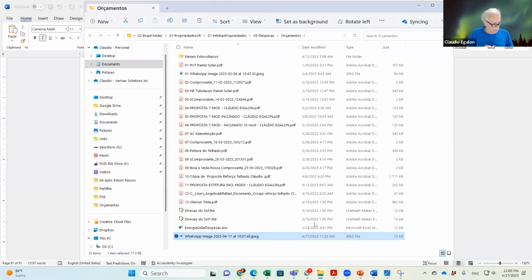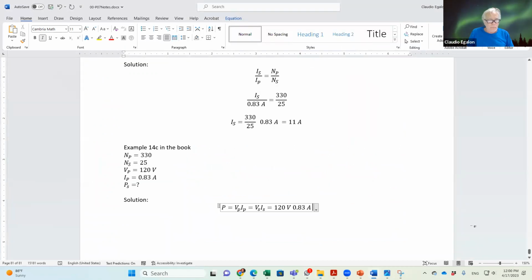Yeah, it's very close to the book. It's very close to 100. I'm getting 99.6. Because he's using significant digits, he's getting 100 watts. Okay, so 100 watts. So that's what we have.